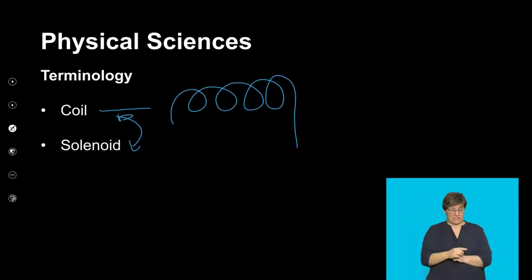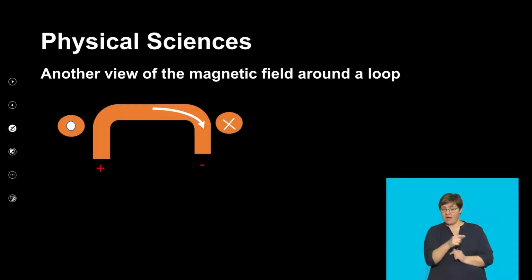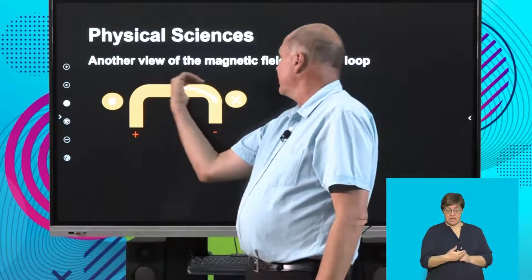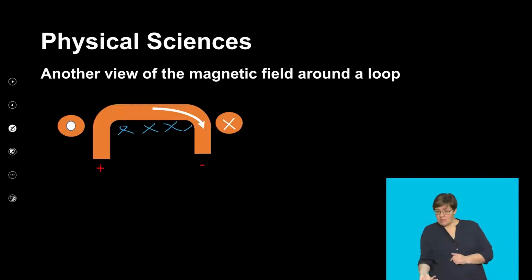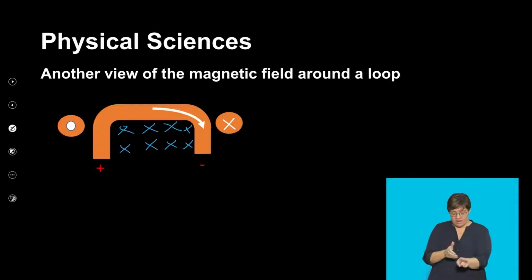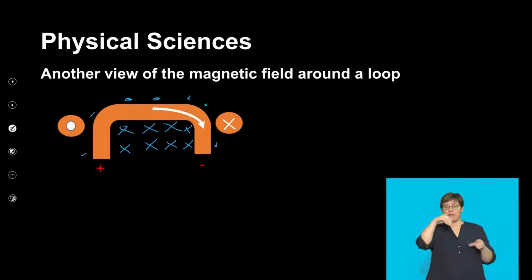Now, the reason we're looking at this idea of a coil or a solenoid is we started by looking at the magnetic field around a loop. The first idea that we had was to look at the side-on view, where we recognized, using the right-hand rule, the current is going in this direction, so we could draw little crosses going in over here to represent the magnetic field inside there, and on the outside they're little dots, and they're not as evenly spaced, and they're far spread out from each other.